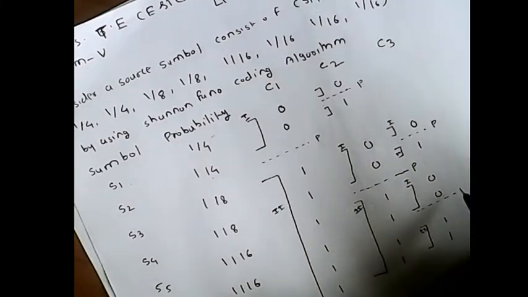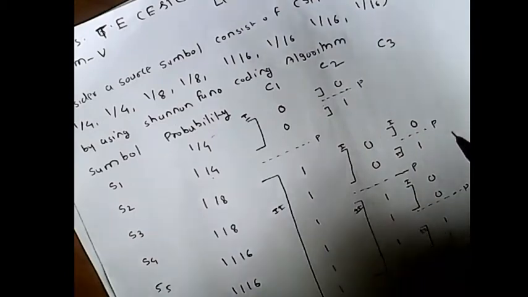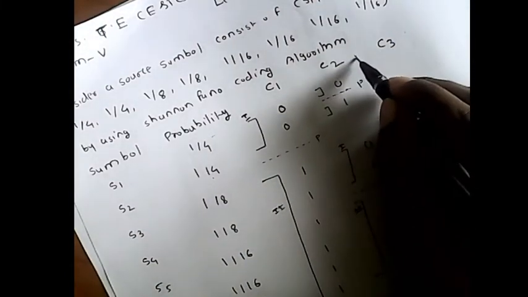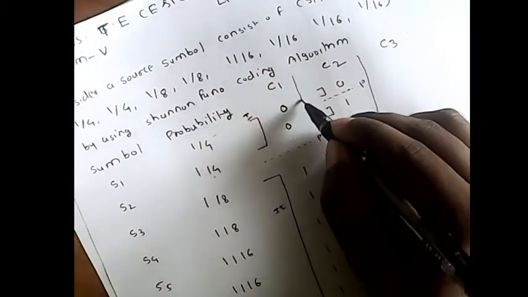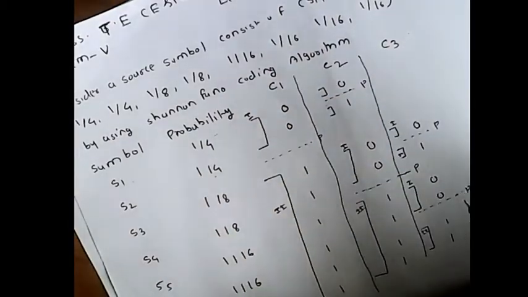If two symbols are assigned 0 and 1, the operation stops there. Now further partitioning will happen.